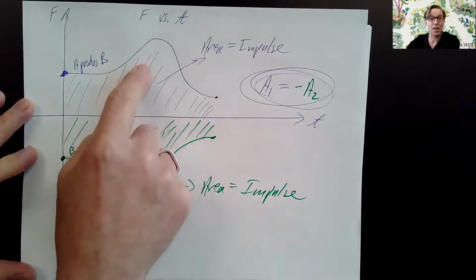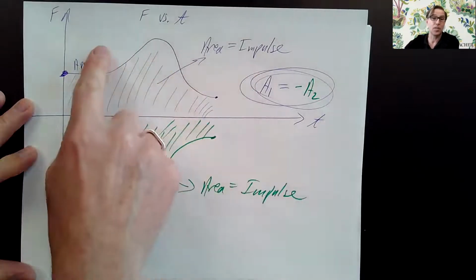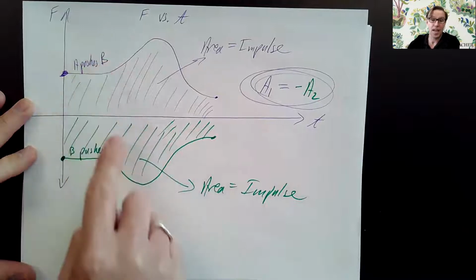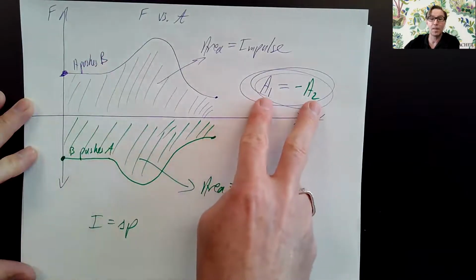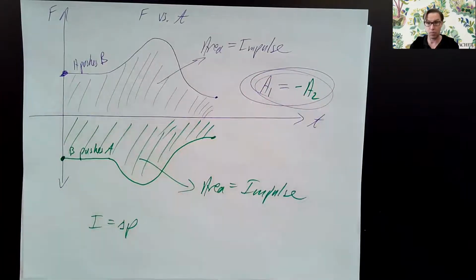And then we said, hey, well, if the area is impulse, the change in momentum of B, and this area is impulse, the change in momentum of A, then those two changes in momentum must be equal and opposite.